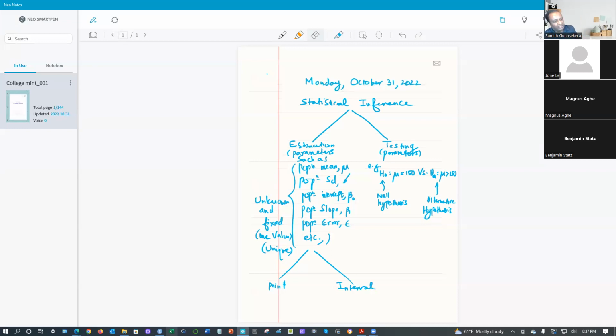Point estimate, what does that mean? The point estimate of the population mean mu is the sample mean, y bar.